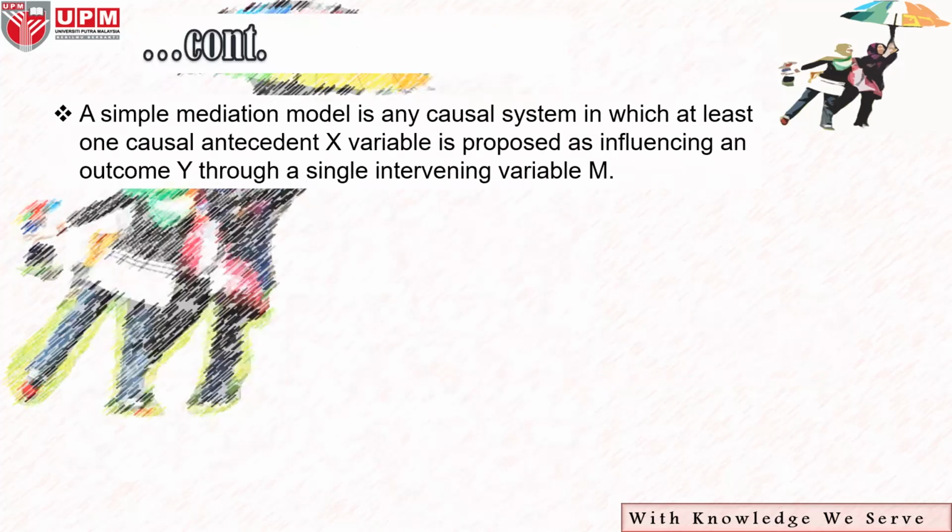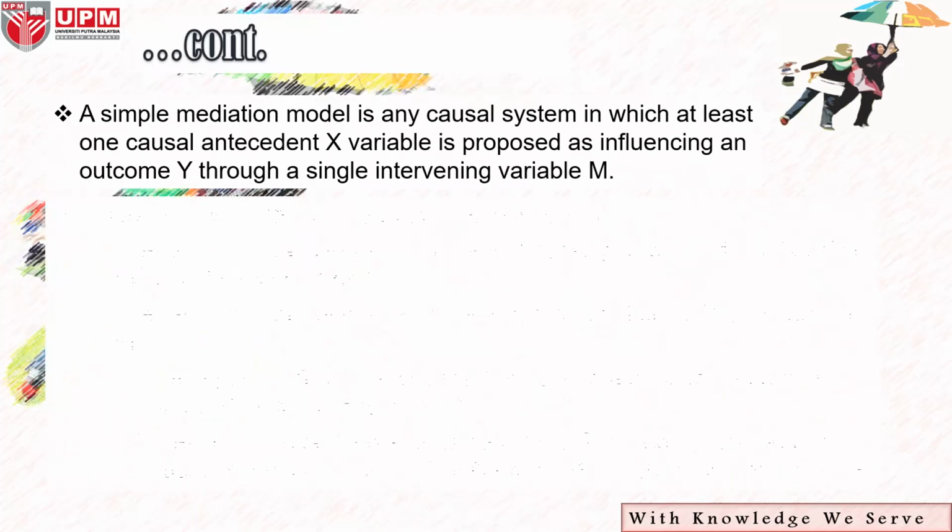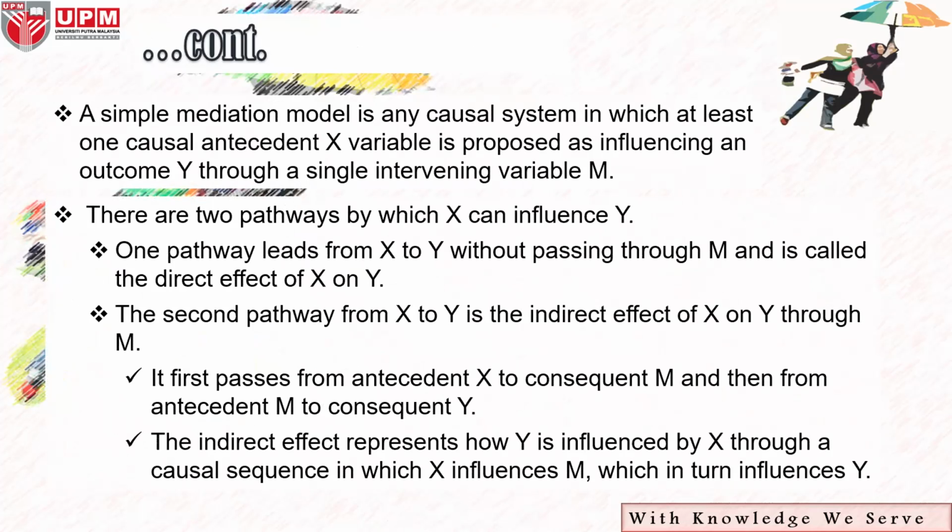Okay, next one. A simple mediation model is any causal system in which at least one causal antecedent X variable is proposed as influencing an outcome Y through a single intervening variable M. So there are 2 pathways by which X can influence Y. First, the pathway leads from X to Y without passing through M tadi.